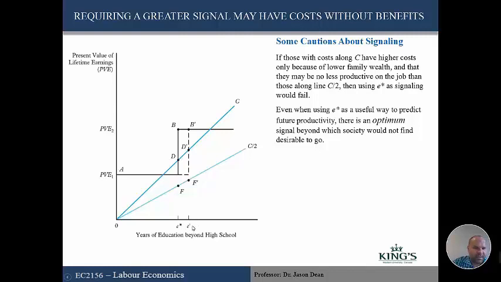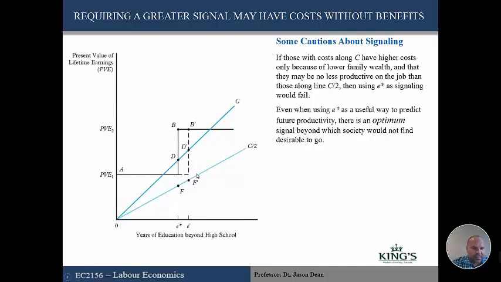Well, if they increase it to E prime, you're still going to have the same outcome. High ability workers are going to get this benefit here, all this distance here, from B prime to F prime, if they go and get E prime. And this is going to be a bigger benefit than if they choose not to get any school and take the distance A0.